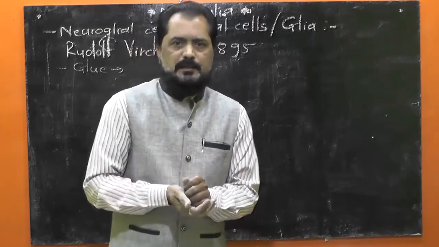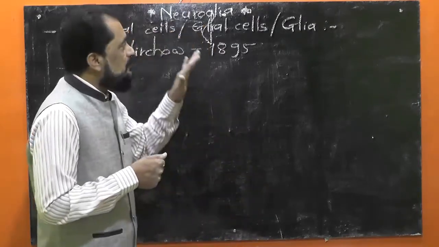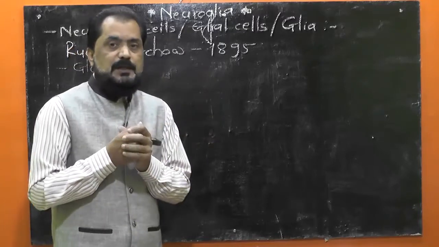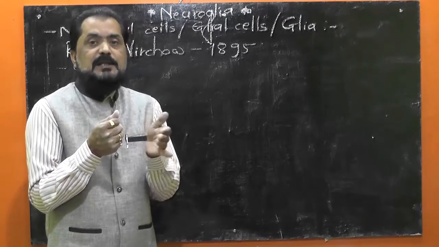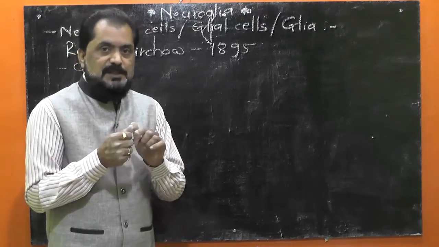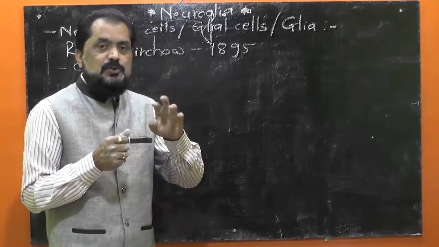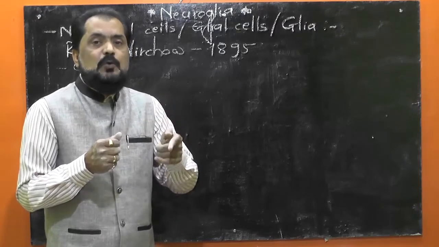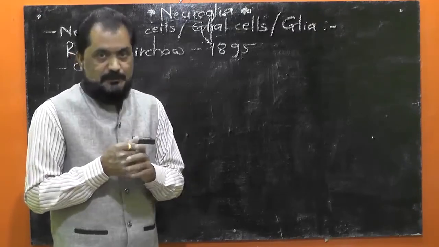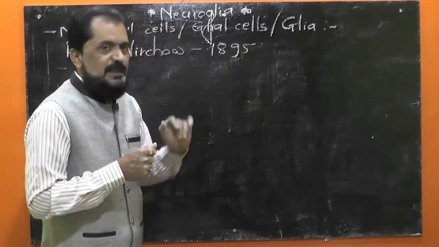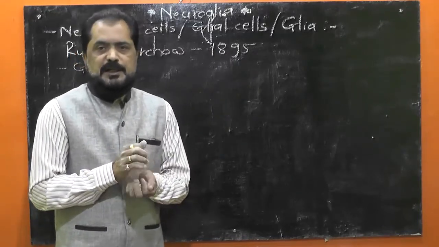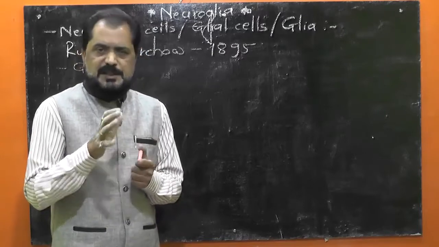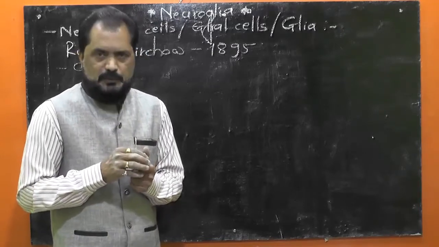In the same manner, here this type of cells are responsible to hold the nerve cells together in brain and spinal cord. Means these cells are supposed to be working as glue in brain and spinal cord. Therefore the name is given as glia. These glial cells are also originated from the ectoderm.